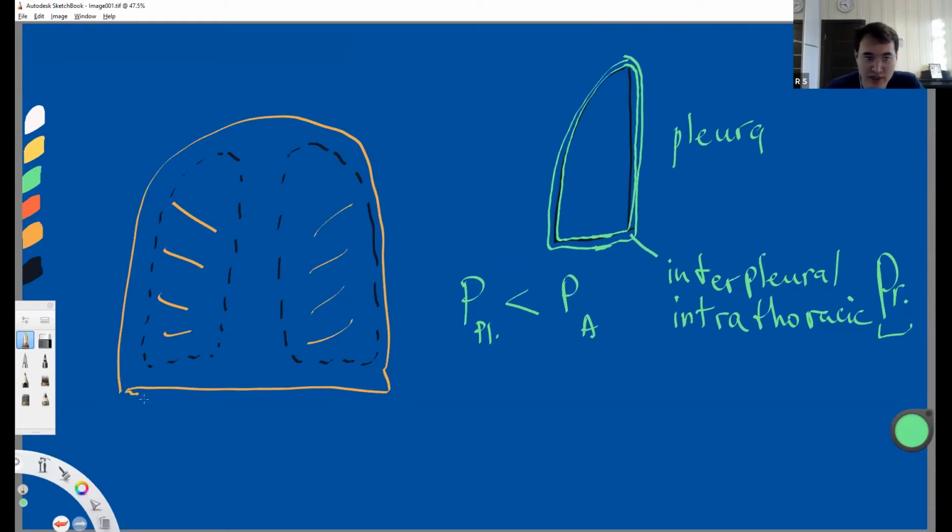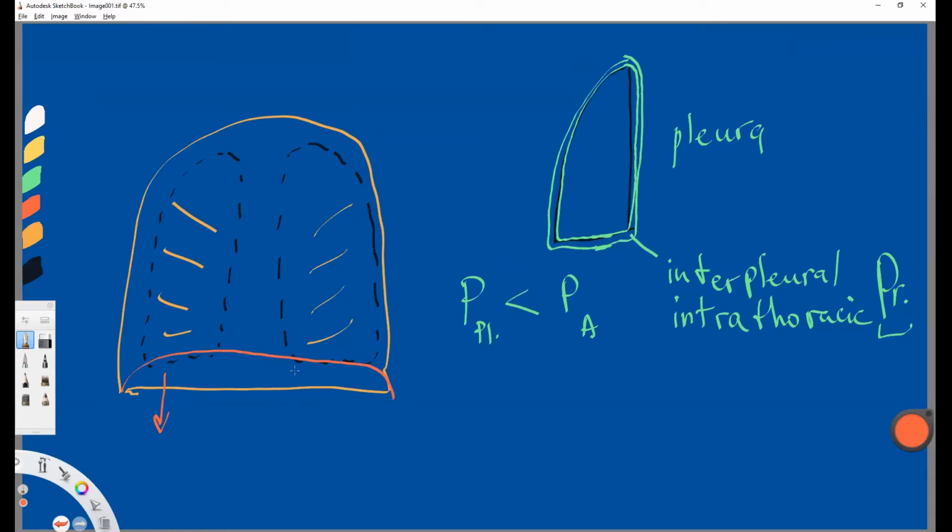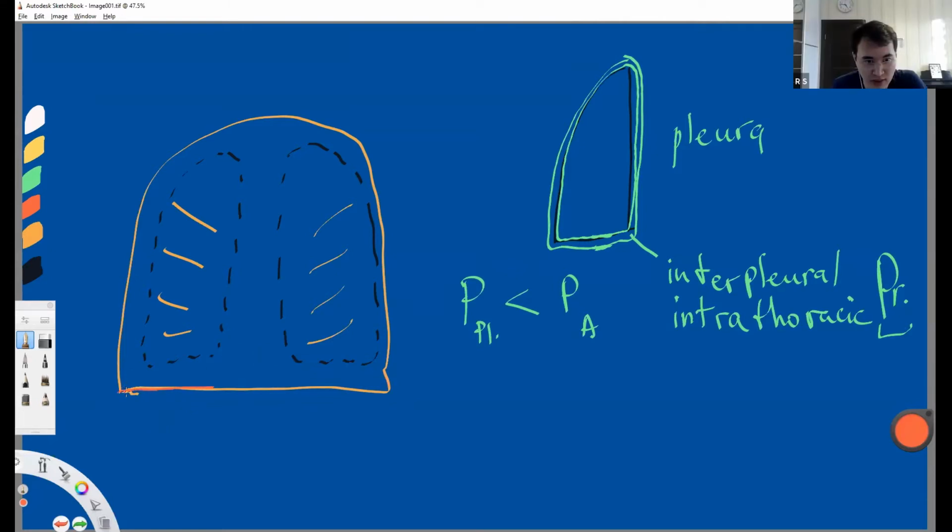But whenever our diaphragm starts moving, the usual condition for our diaphragm is like this. So it contracts, and when contracting, it kind of moves down, okay? So instead of this usual view, it will look like this.